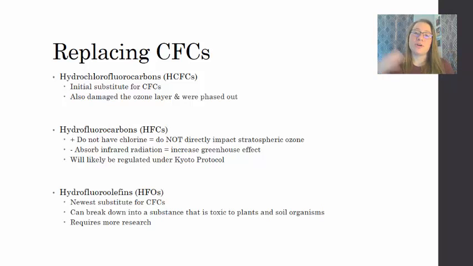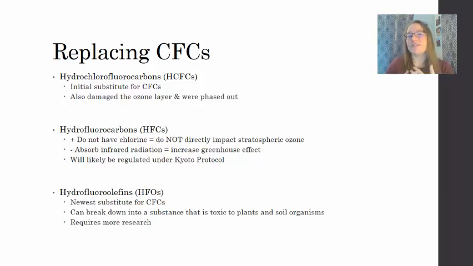Because chlorofluorocarbons are important in terms of being used as solvents and refrigerants, we needed to find something to replace them with. And the first idea was to use what are called hydrochlorofluorocarbons. And this was a pretty easy substitute, but we found out that this also damages the ozone layer, so they were pretty quickly phased out. Then, scientists developed hydrofluorocarbons, or HFCs.